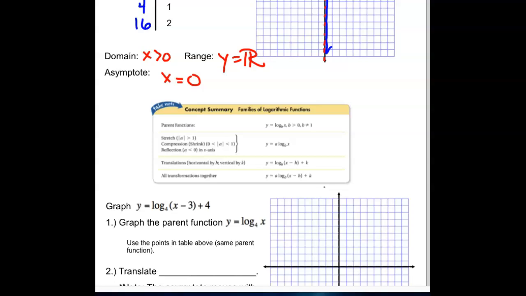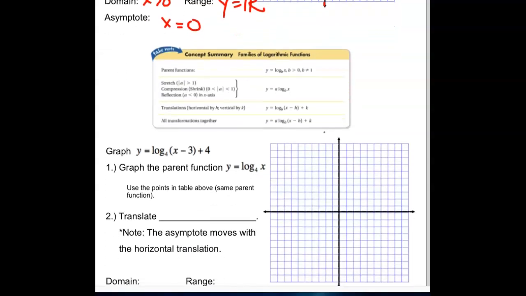So we can do shifts and transformations, just like we've been doing for all of our functions. If we put a number in front of our log expression, it's going to be that stretch, compression, or reflection again. If we have something inside with x, it will be in parentheses, and you'll have an x minus h.